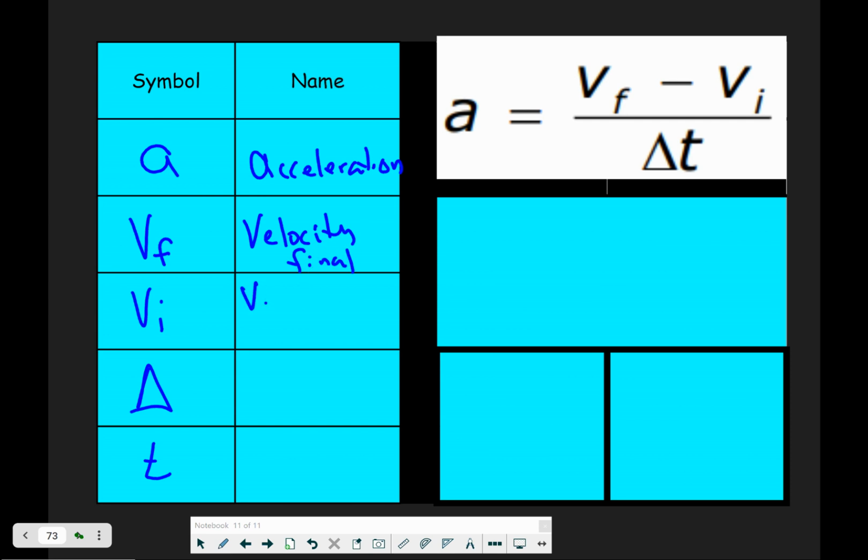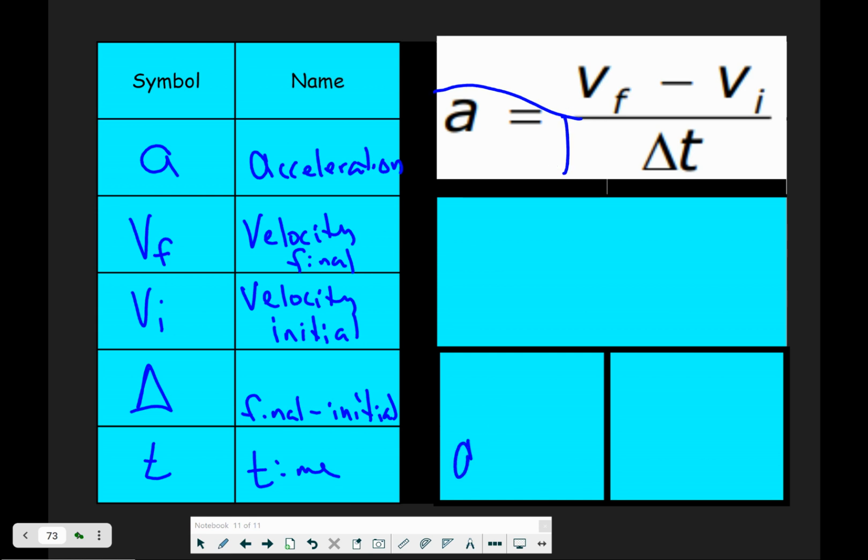VI means velocity. Initial. Triangle means final minus initial, and T means time. Okay? Now I'm going to do that. I'm going to put acceleration.